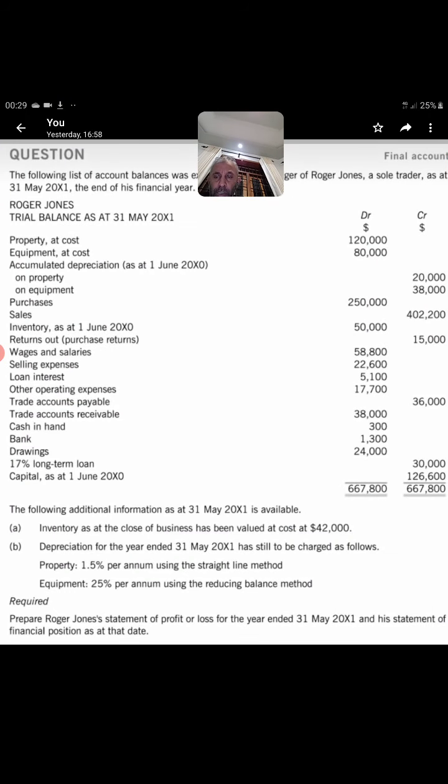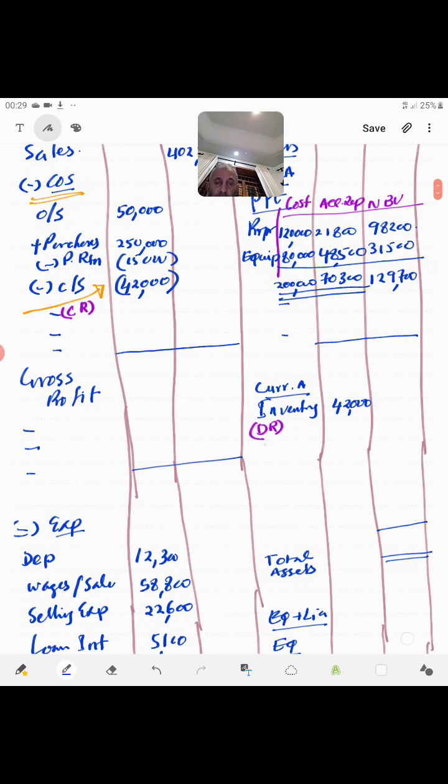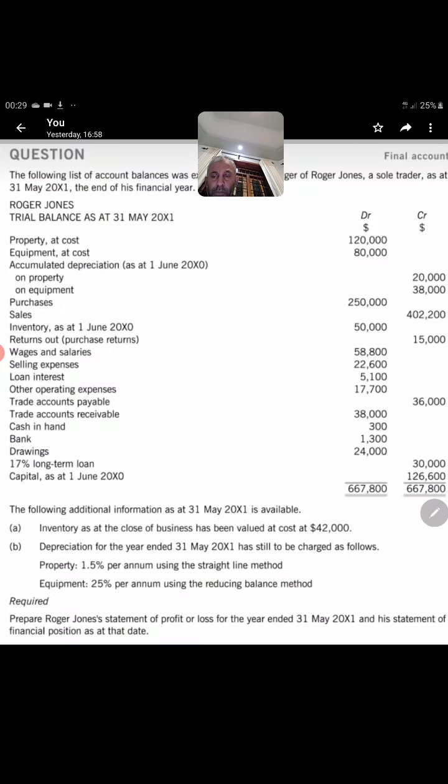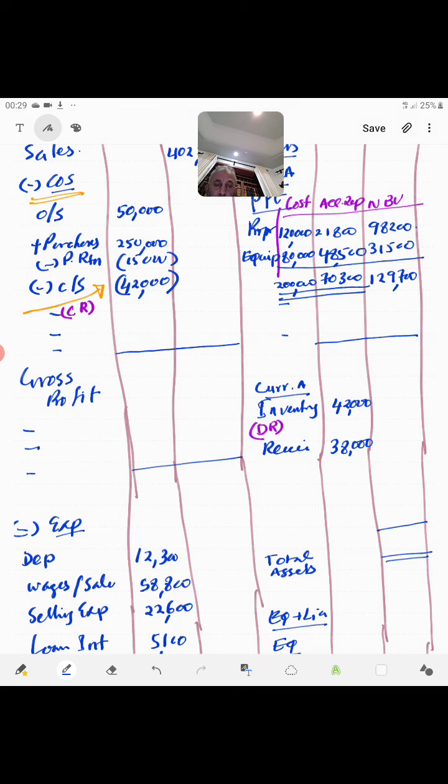Then you have trade accounts receivable 38,000. Cash in hand 300. Cash at bank 1,300.